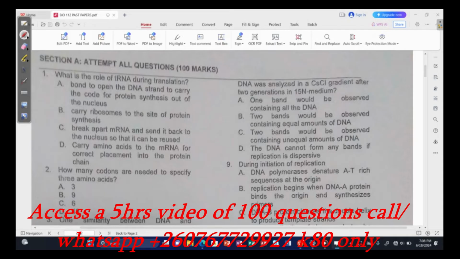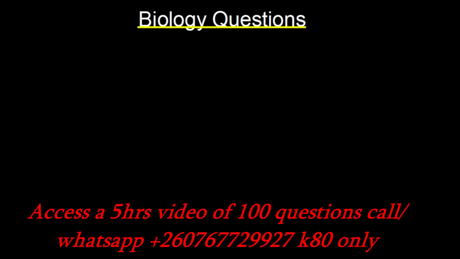So what are we going to see? After 2 generations, what we are going to expect is that this bacteria at this point contains light nitrogen, that is nitrogen 14. Then you introduce it in a medium which contains heavy nitrogen, nitrogen 15.